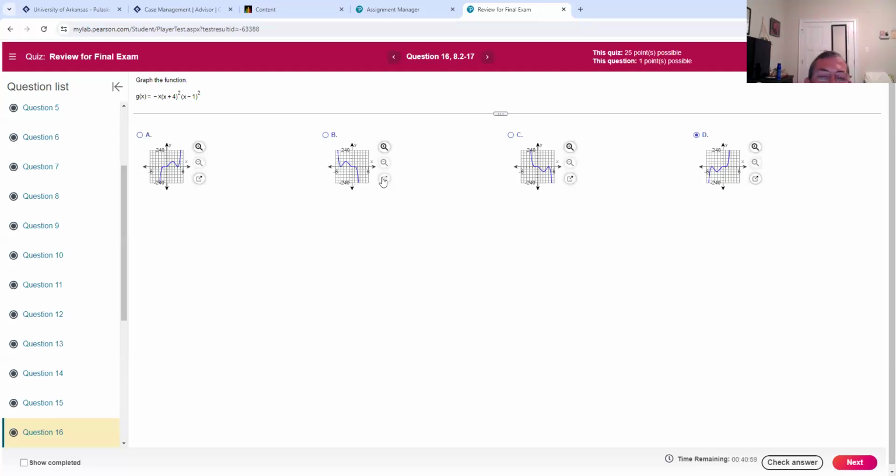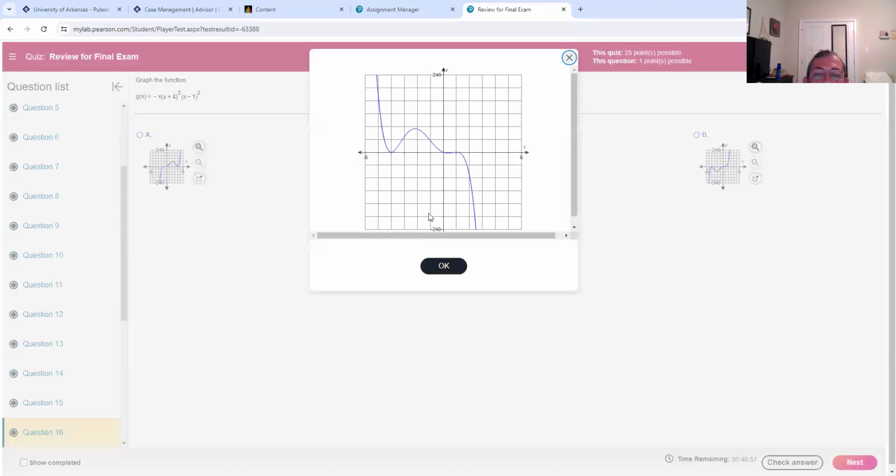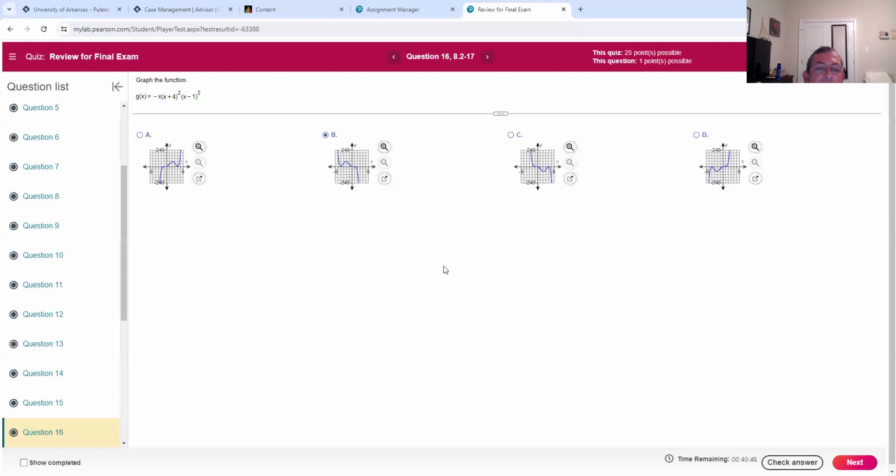So y'all, I really think it looks like A here, right? Sort of came down, touched at -4, went up, went down through 0, and then it starts going downhill on the right side. So I would pick B on that one and move on, okay?